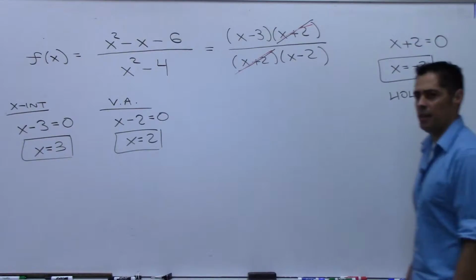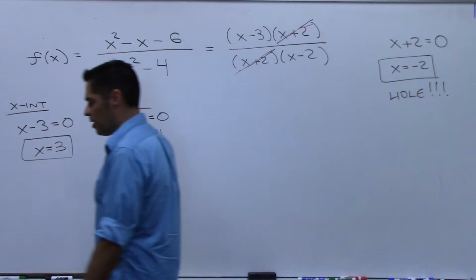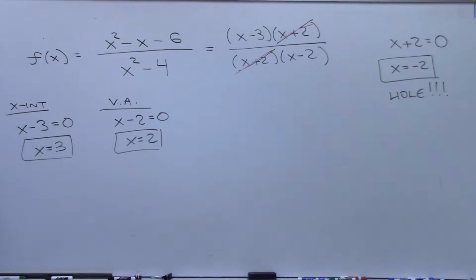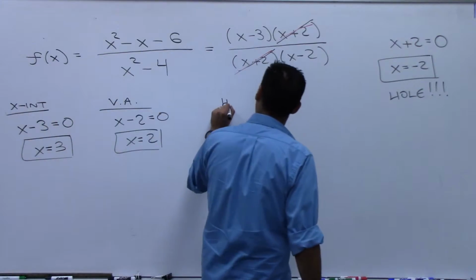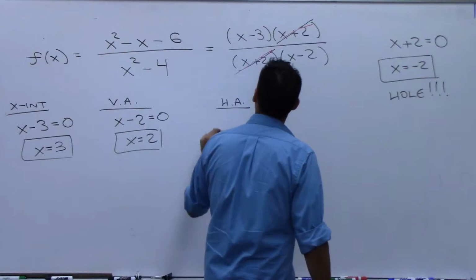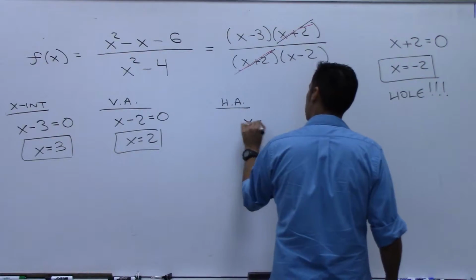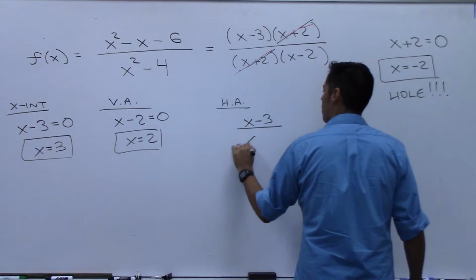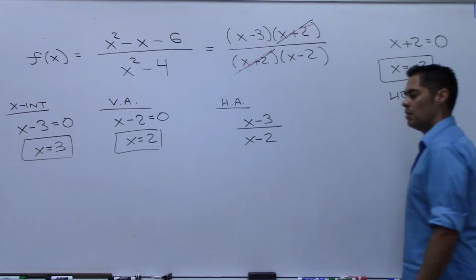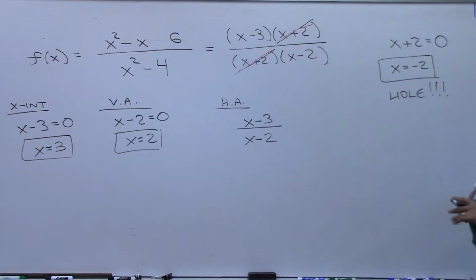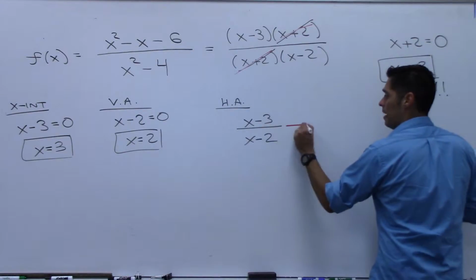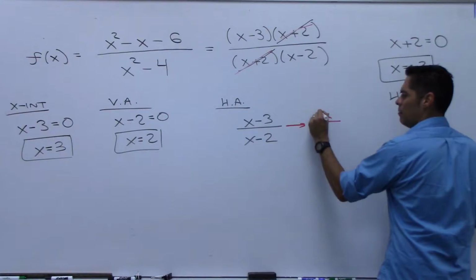Now this is tricky. The way we did it last time is we looked at the behavior, didn't we? We said, all right, take what's left, x minus 3 over x minus 2, and let's look at what's the dominating term. The dominating term here is x, right? And we can even say 1x.